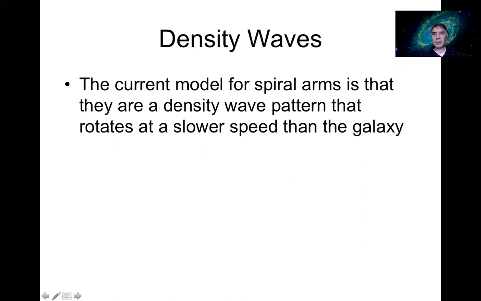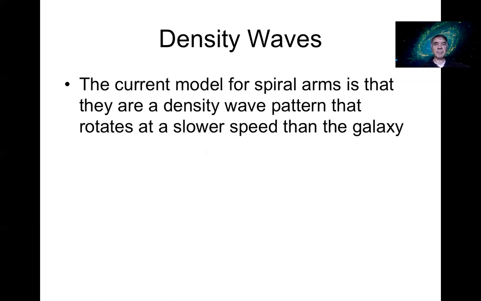Okay. So it's still a subject of research really as to how spiral galaxies exactly work, but this is the current thinking. So the spiral pattern that we see in spiral galaxies, you should think of it as a wave pattern. Okay, so a little bit like water waves in a sense.